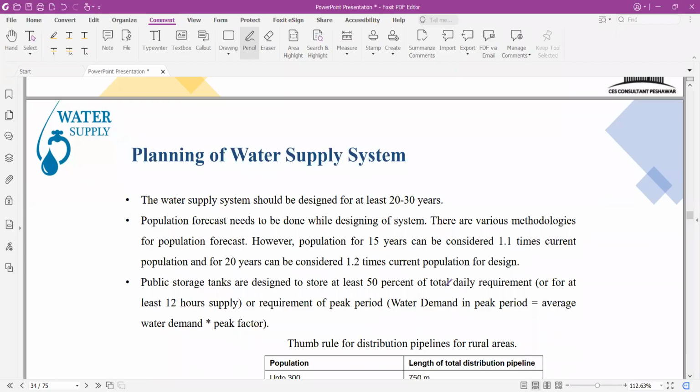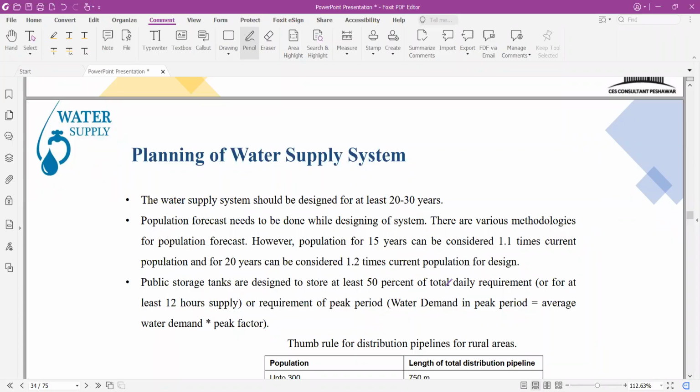If you want to design a water supply system for 20 years, you should also add the commissioning period, the bidding period, and the construction period. All these time periods should be included in order to forecast the population for which you want to design a water supply system.